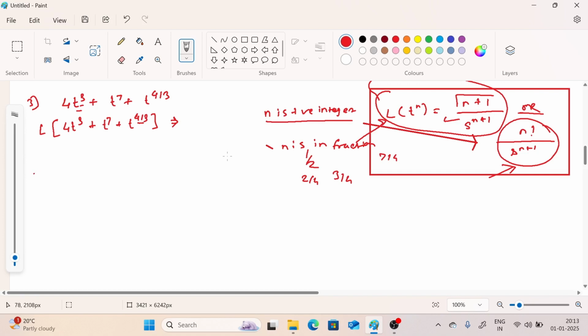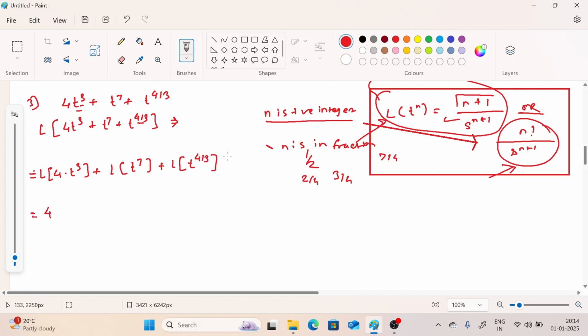Now, by using the linearity property, I will separate it: Laplace of 4t raised to 3 plus Laplace of t raised to 7 plus Laplace of t raised to 4 by 3.